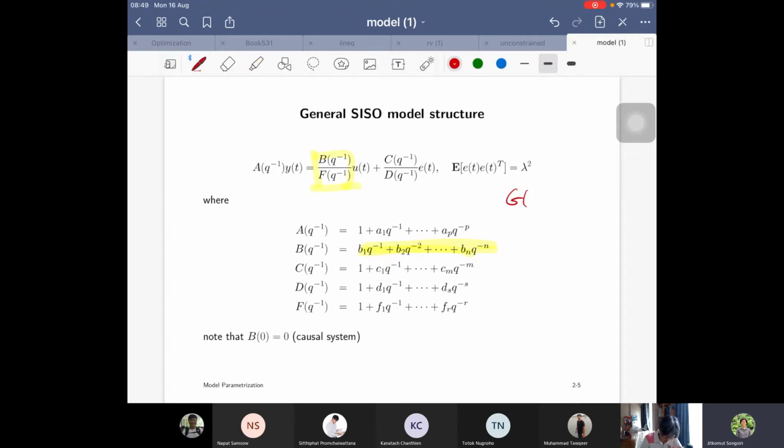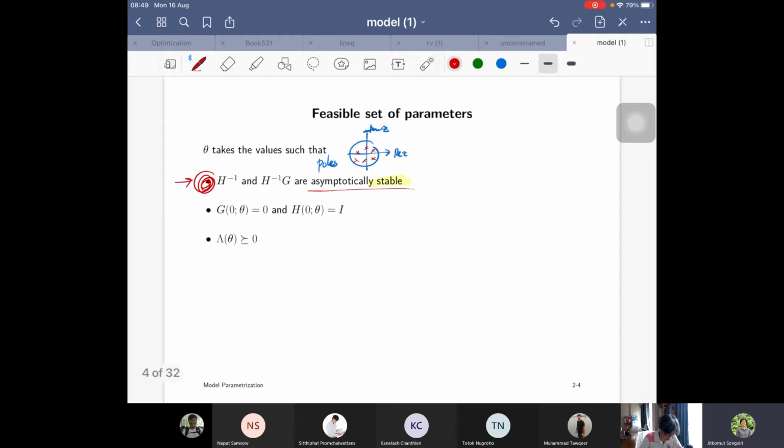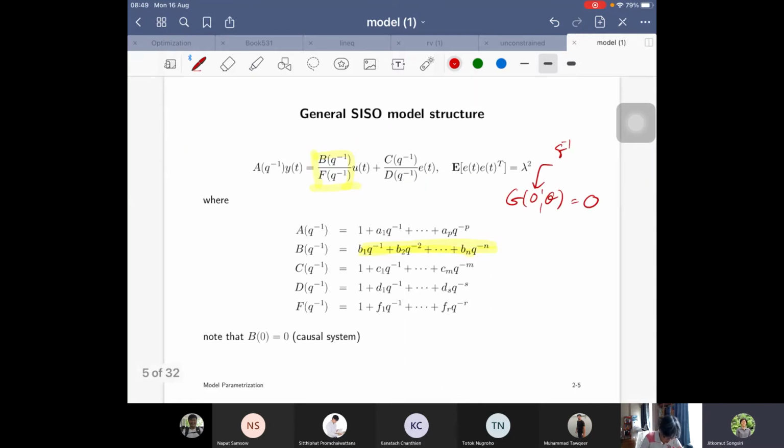If you recall the condition that G, when you evaluate the q inverse operator as 0, must be 0, you see here that the polynomial b starts from q inverse. So b0 is 0. That means only the past input will have an effect on y.